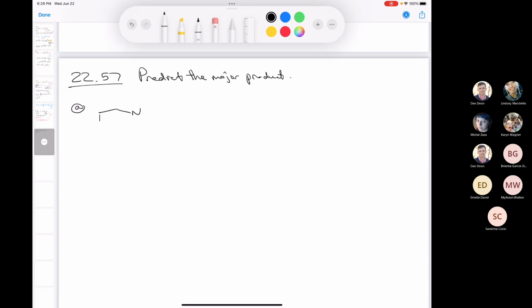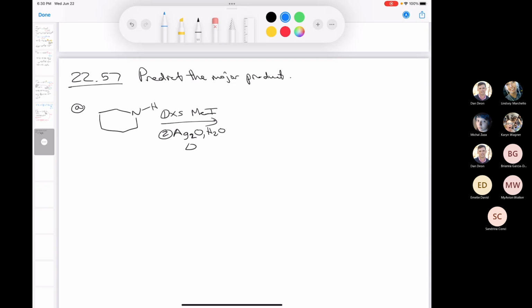We're starting with this compound, called piperidine. It's nothing that you need to really know, but in the first step, we're treating it with excess methyl iodide, and then with aqueous silver oxide, and we're heating that up. So this is going to be a Hofmann reaction.